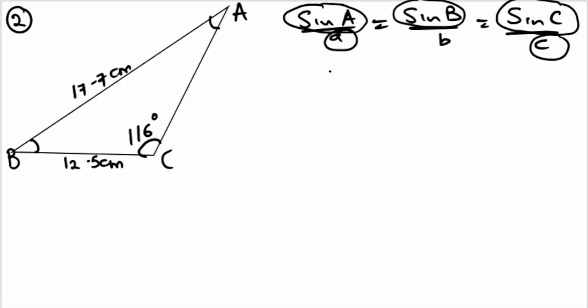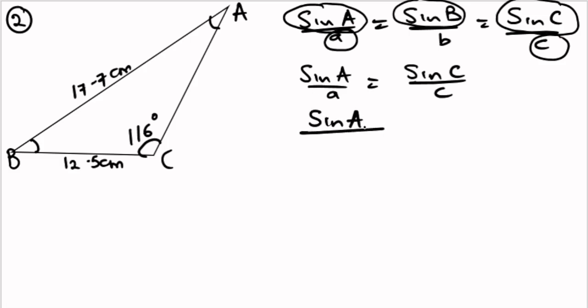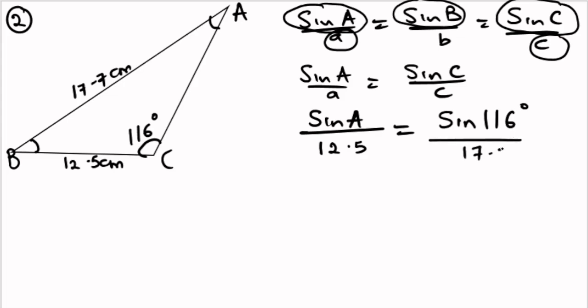So now let's start. We have sine A over a equal to sine C over c. So when we include the parameters given, sine A all over small letter a, which is 12.5, equal to sine C, our C is 116 degrees, all over small letter c, which is 17.7.